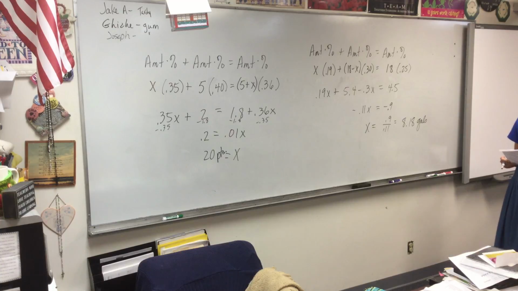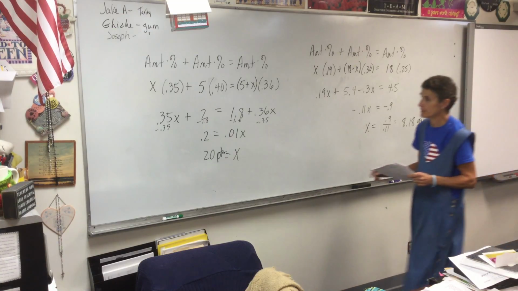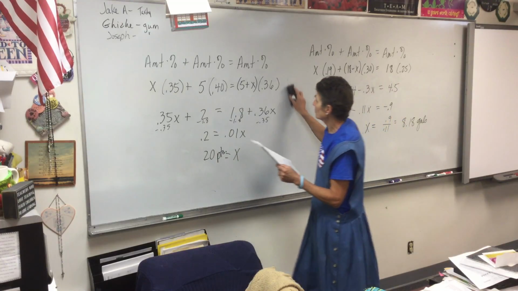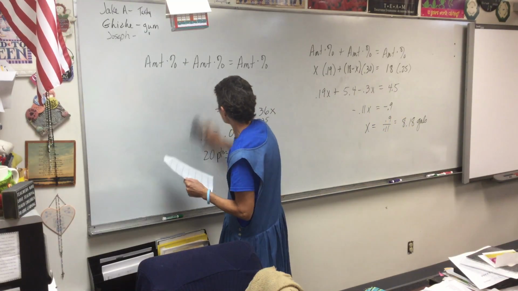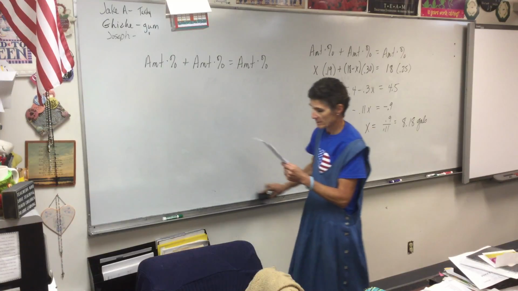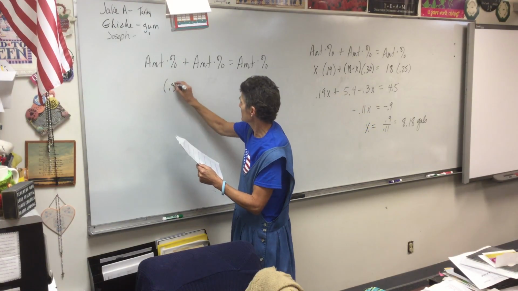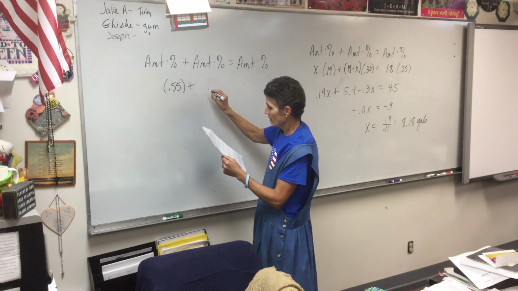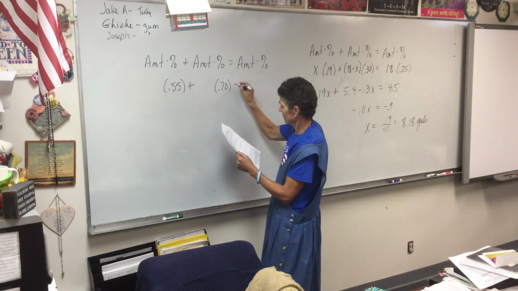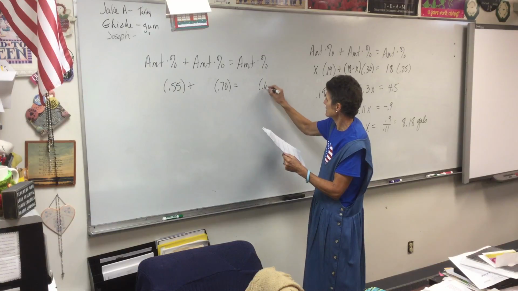All right. Okay. All right, number 3, here we go. We got another one, amount times percent, amount times percent. Same thing. This is problem number 3 now. So we got a 55%, we got a 70%, and we got a 66%.